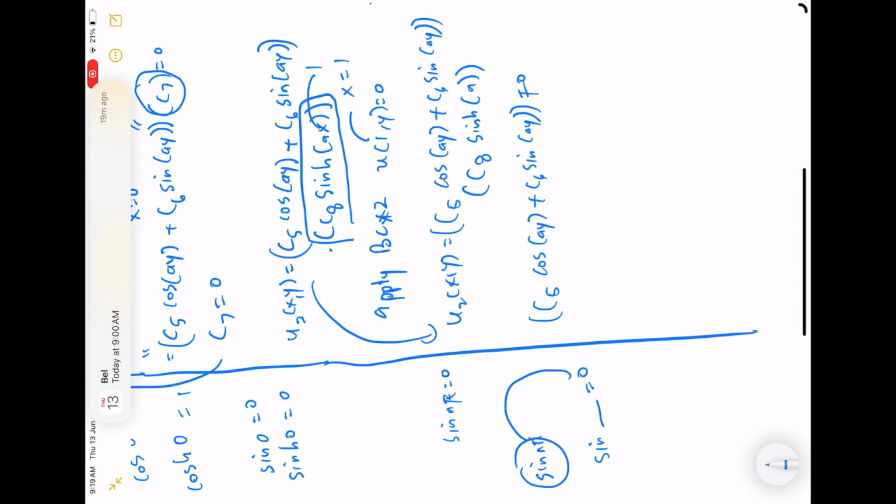But this time we have hyperbolic sine, we cannot do that. This part cannot become 0, and only this other part can become 0.